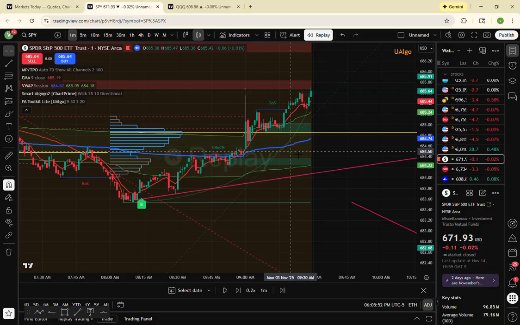And if the price is below VWAP, you know the price is coming down. If you want to sell, you sell when the price is below VWAP. If you want to buy, you buy when the price is above VWAP, right?